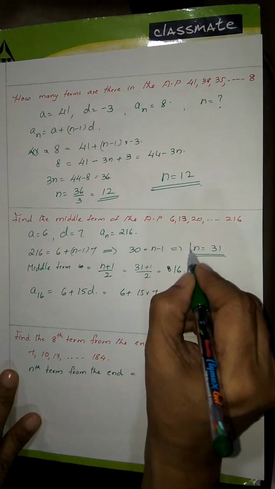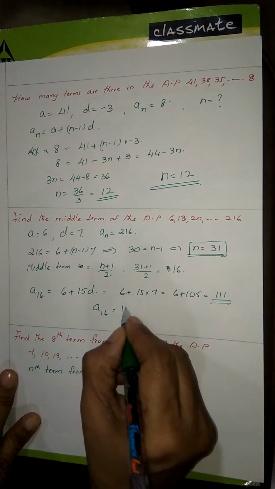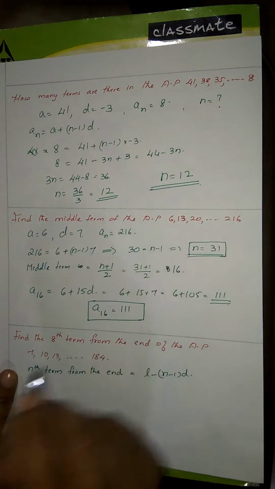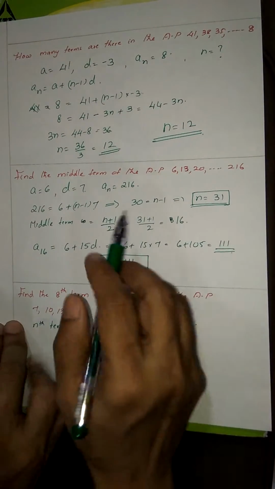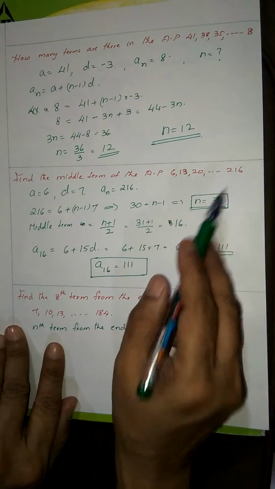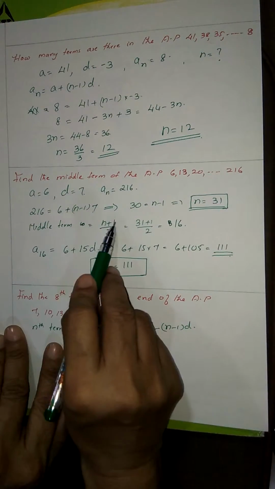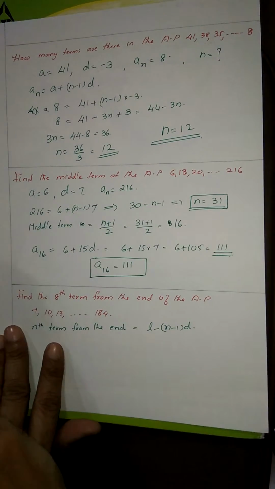So you get n is equal to 31 and a16 is equal to 111. So here you have to first find the number of terms, and if it is an odd number you have to find n plus 1 by 2, and then again find the value of that middle term.